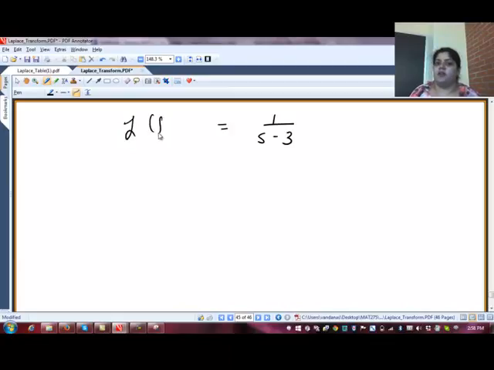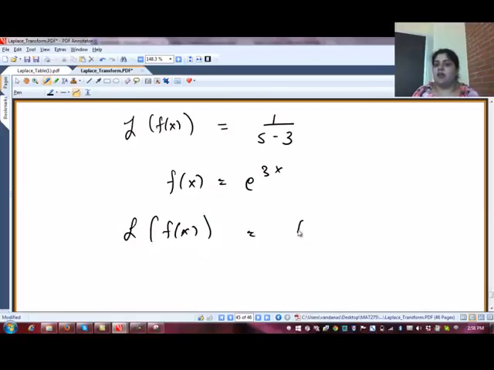So L of f(x) is 1 over s minus 3, so f(x) has to be e to the power 3x, right? So if I say L of f(x) is a over s minus a, then my f(x) has to be, a is just a constant, e to the power ax, right? Backwards.